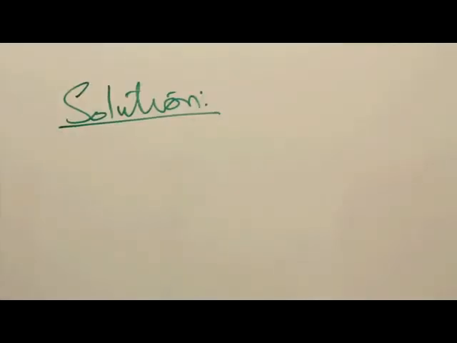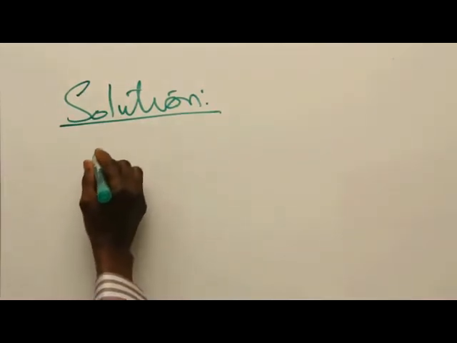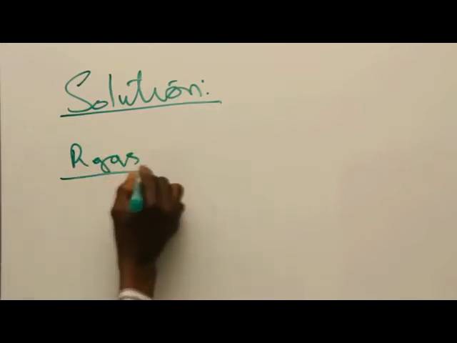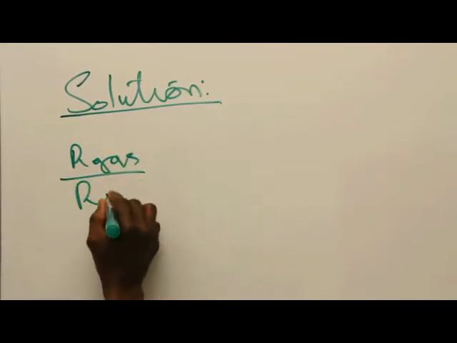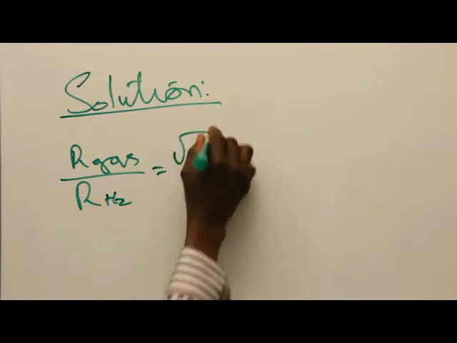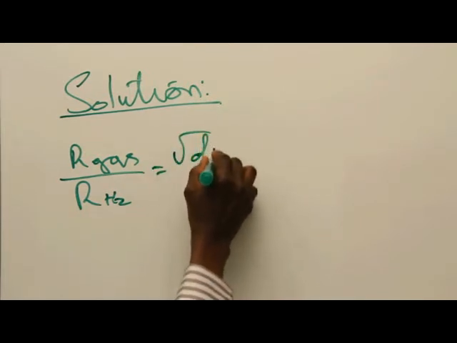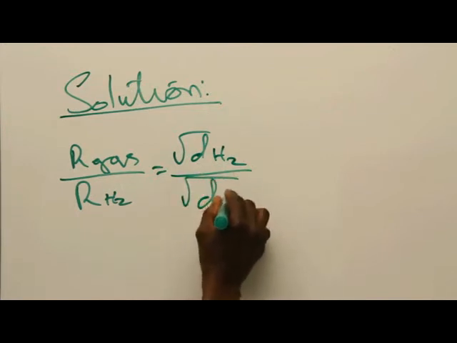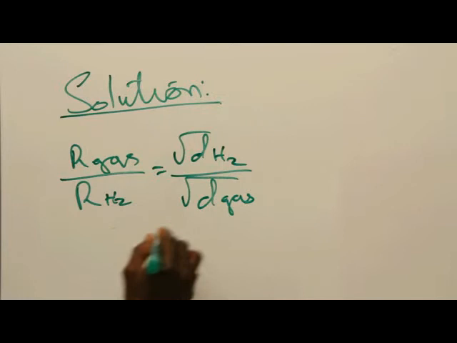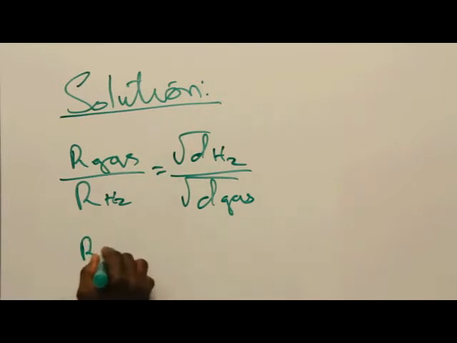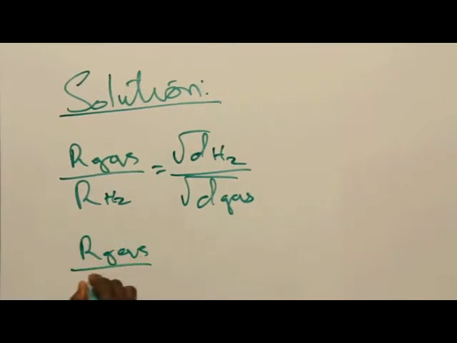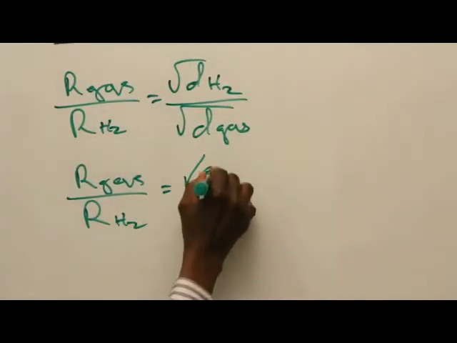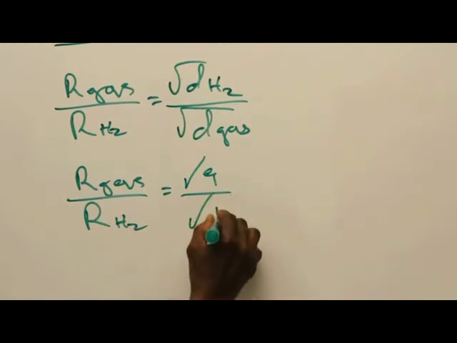Now, solution. Let's consider the equation: rate of diffusion of the gas divided by rate of diffusion of hydrogen is equal to the square root of the density of hydrogen divided by the square root of the density of the gas. Rate of diffusion of the gas divided by rate of diffusion of hydrogen is equal to the square root of 9 divided by the square root of 1.